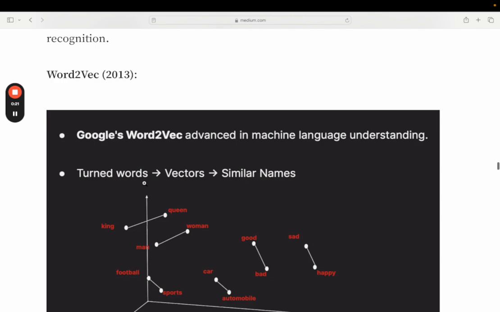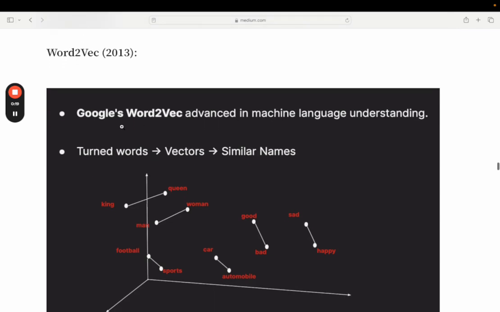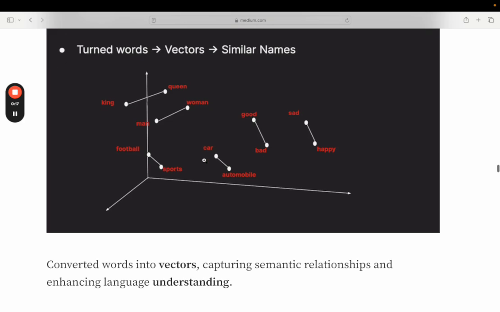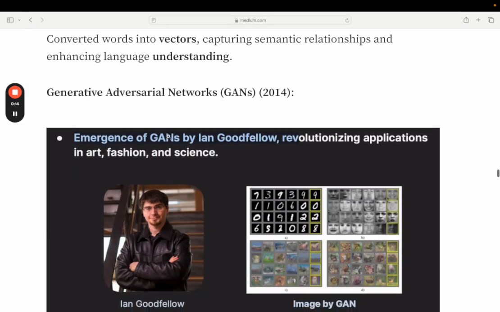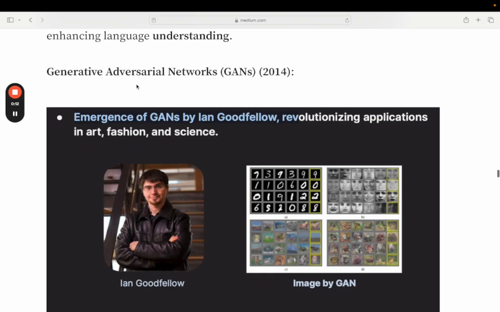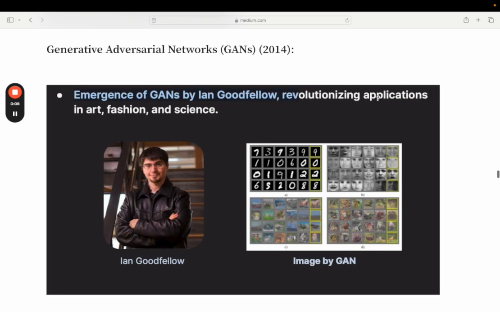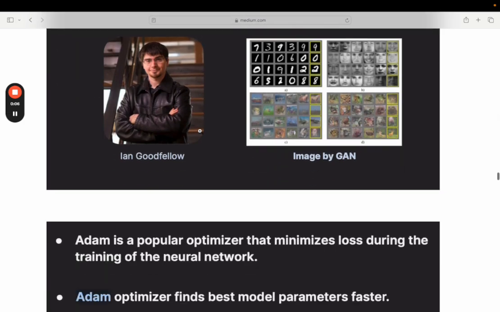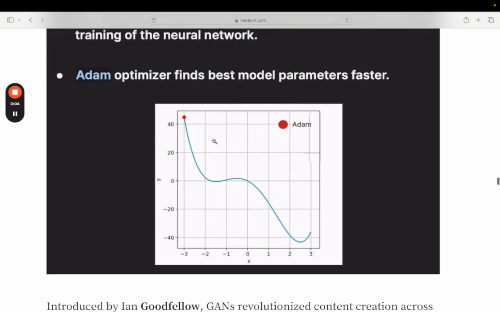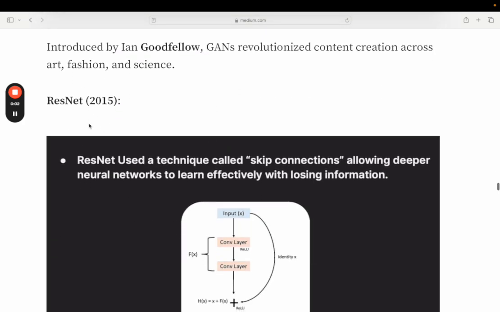Then Google's Word2Vec advanced machine understanding of language, turning words into vectors and finding similar words, right? And then the generative adversarial network came, a revolution in applications of art, fashion and science. Then the Adam optimizer came, which is also important, and ResNet also came.